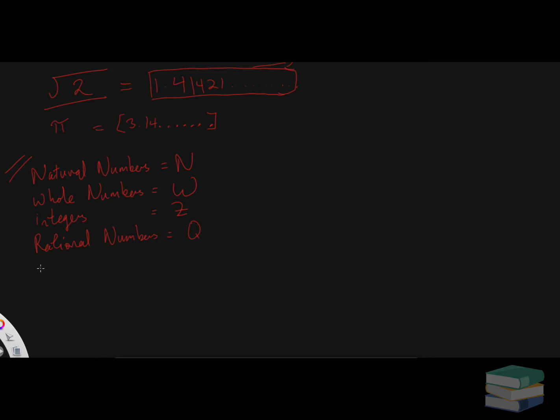Instead of defining a symbol for irrational numbers, we could use the union of real numbers. So real numbers denoted by R consist of all these other types of numbers as well as irrational numbers.